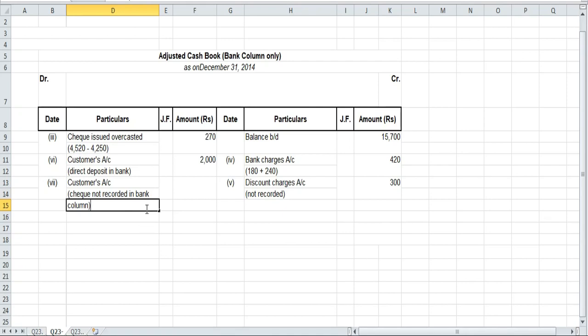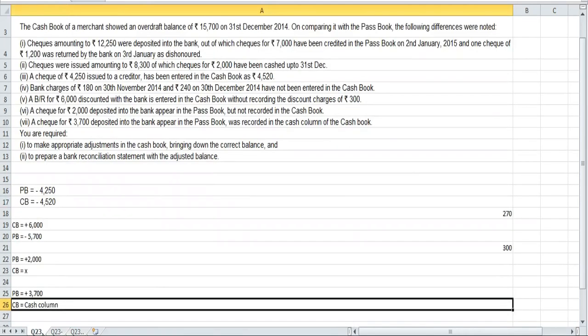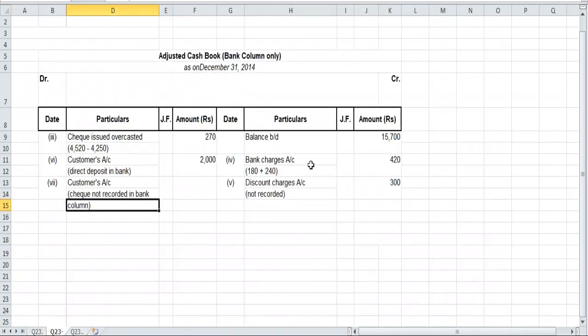Okay, now we have done the adjustments. Like here we have bank charges not recorded in the cash book. Discount we have not recorded in the cash book.